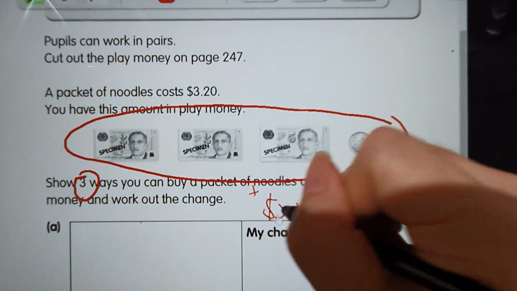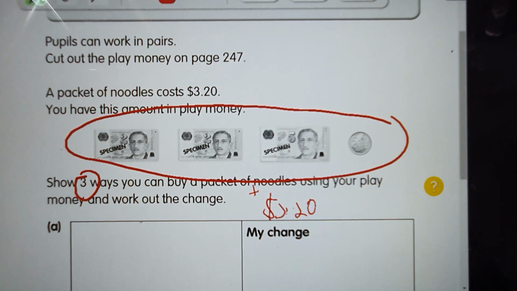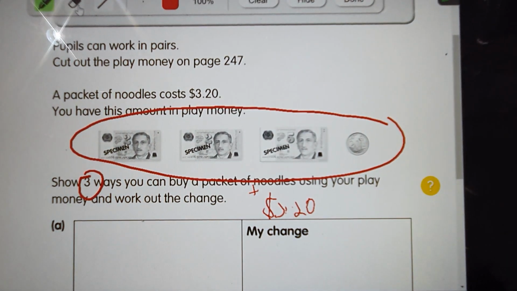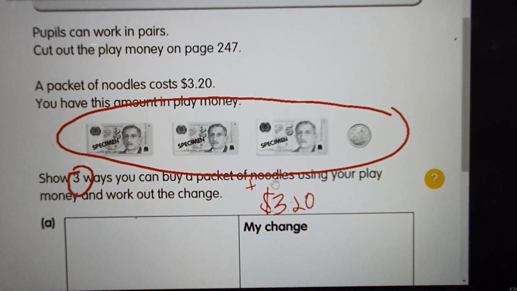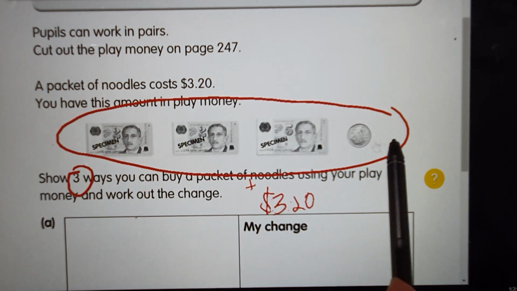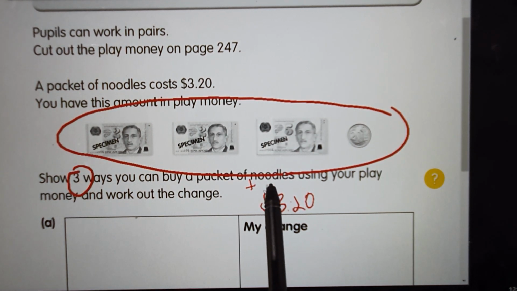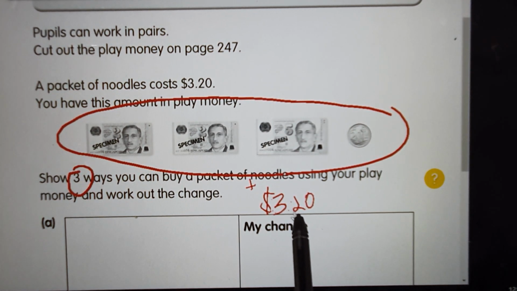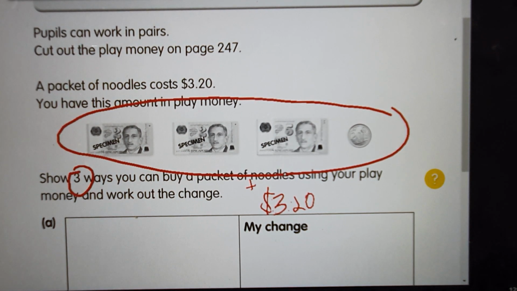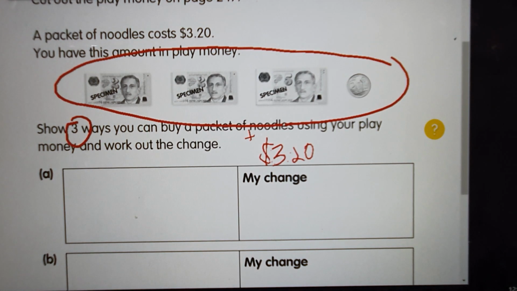You are going to use whatever you are given here to buy a bowl of noodles that costs $3.20, and then you need to work out the amount of change that you're going to get.